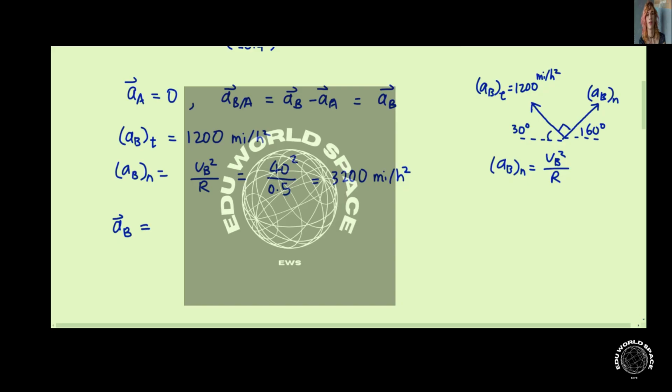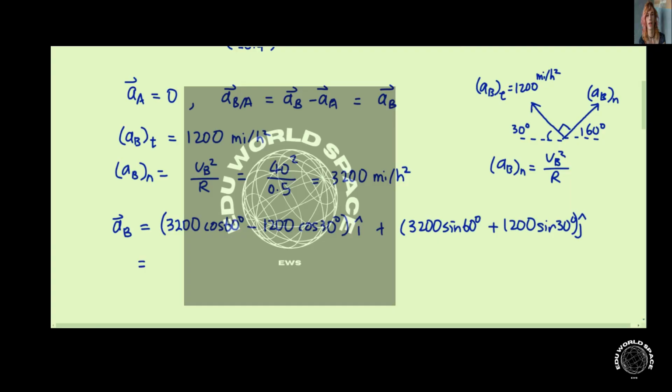So we have 3200 cosine 60 degrees minus 1200 cosine 30 degrees i hat plus 3200 sine 60 degrees plus 1200 sine 30 degrees j hat.